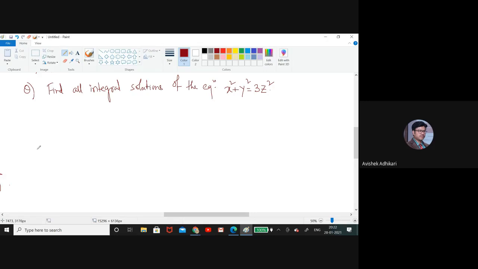That means I need to find all x, y, z belonging to Z such that x square plus y square equal to 3z square is satisfied.